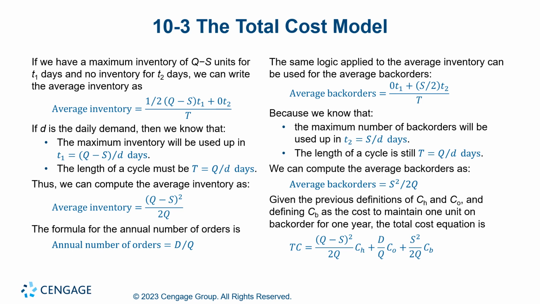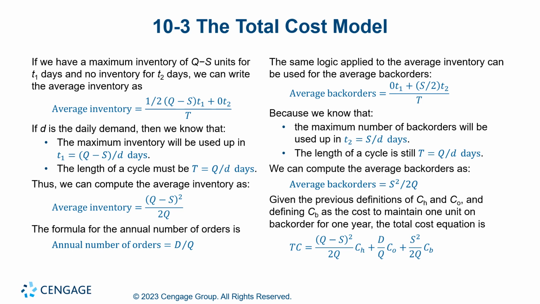So the average inventory in this case is Q minus S divided by 2, but this can only be computed on T1. And therefore you can see that the average inventory in this case is 1 over 2 times Q minus S times T1. And for the T2, we multiply with 0 because there's no inventory at T2. And we divide by T, where T is equal to T1 plus T2.